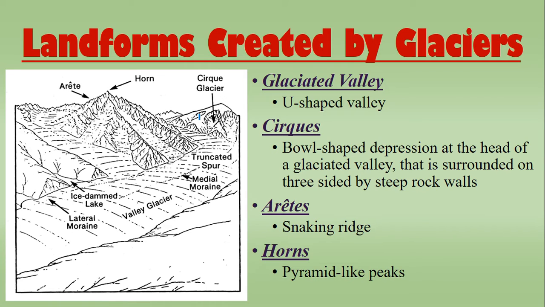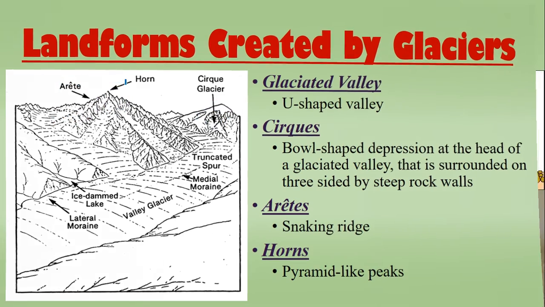Here's a cirque right here. You've got arêtes, which are like snaking ridges. You can see them right here. And then horns are pyramid peaks. All these are formed by glaciers that have receded from an area and have eroded the land.